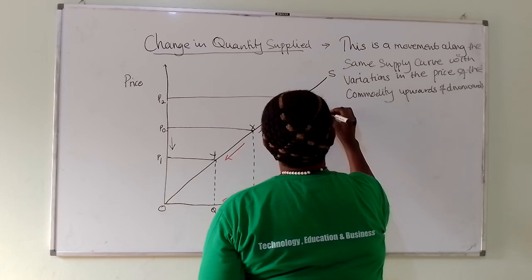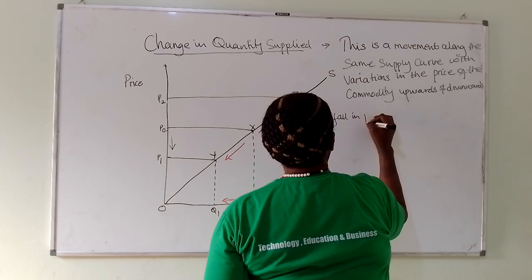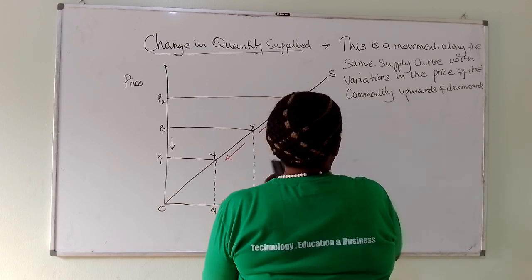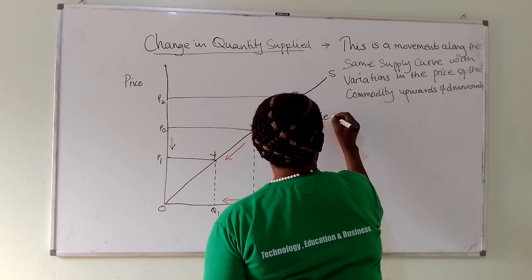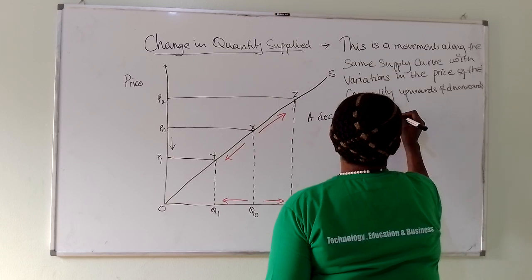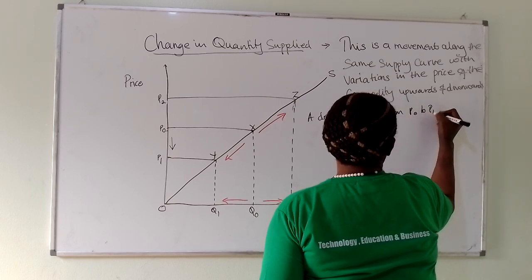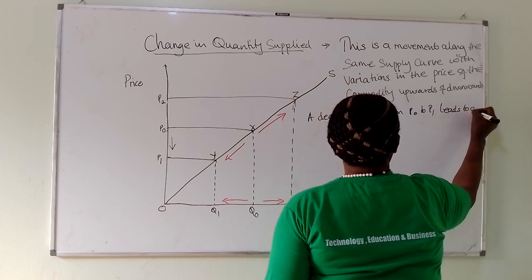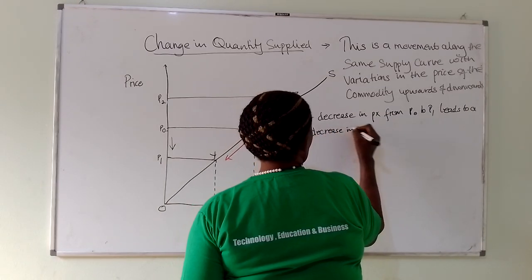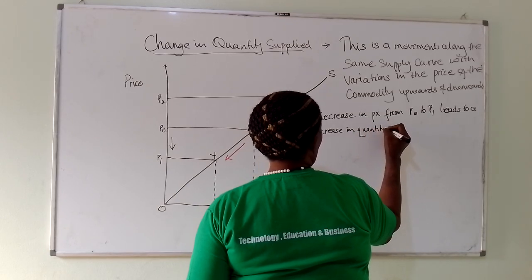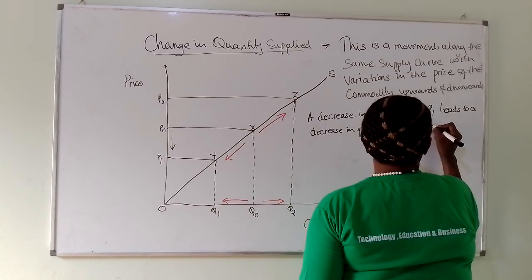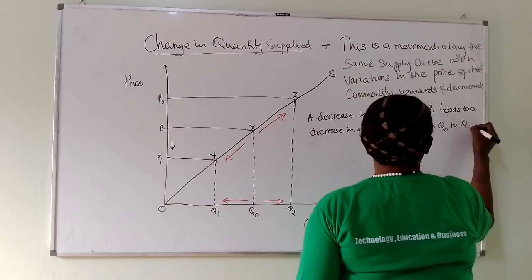So we see that, let's not use "fall" here, but let's use our economic terms: a decrease in price from P0 to P1 leads to a decrease in quantity supplied from Q0 to Q1.